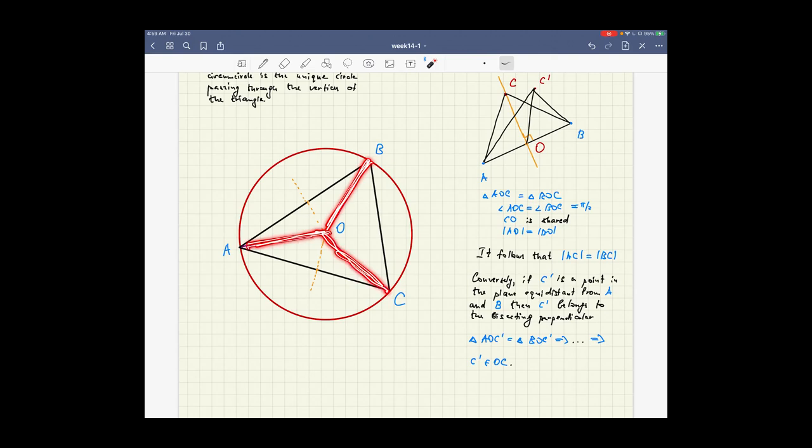All three distances are equal. But that implies, as we have just explained, that point O also lies on the bisecting perpendicular to the side BC.